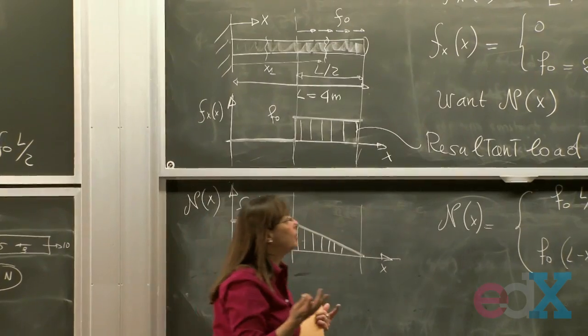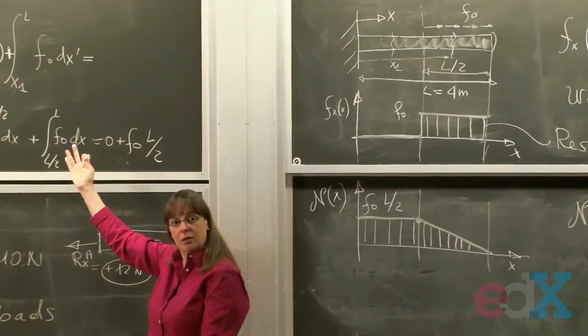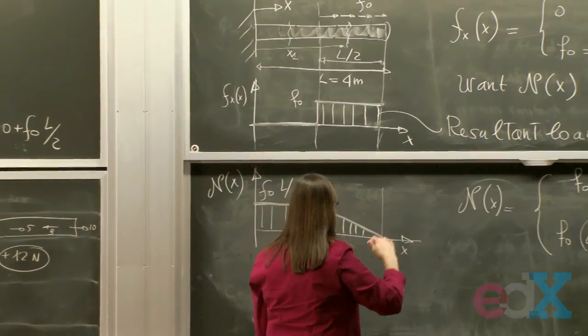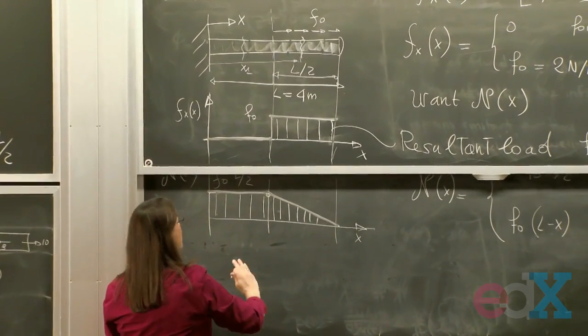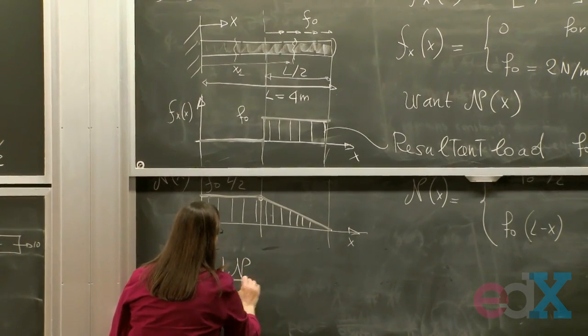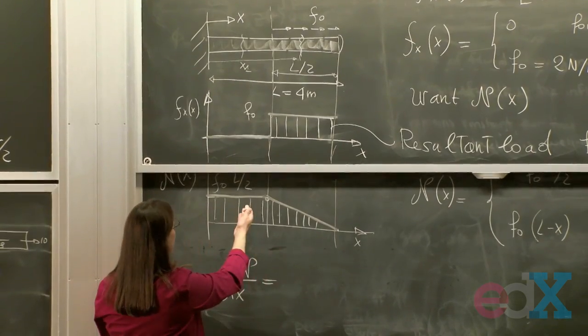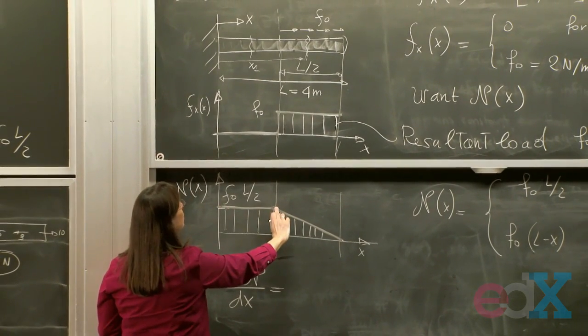Of course, it makes sense, because if you think about how we get n of x from f, we integrate, right? So if we want to go the opposite way, if I write dn dx, this is equal to something related to f, right? So what is dn dx between here and here? Zilch.